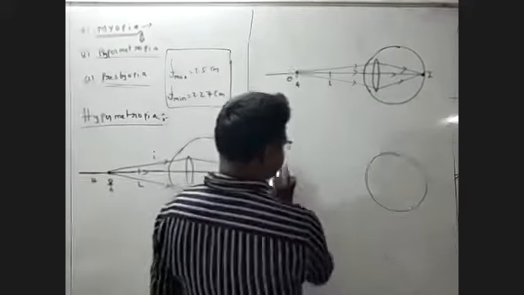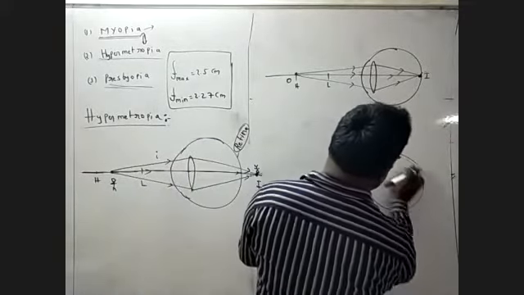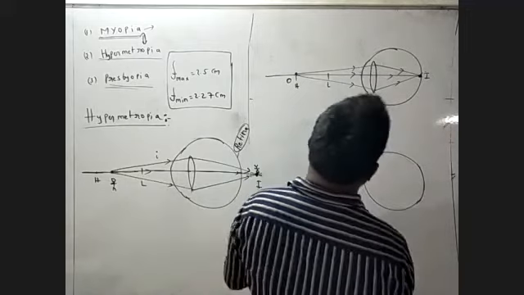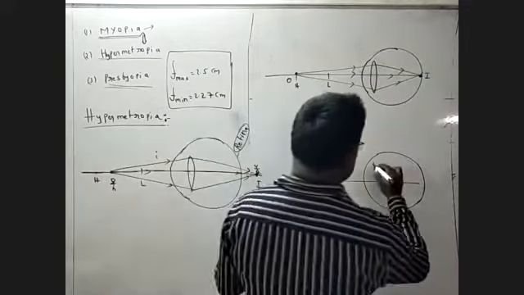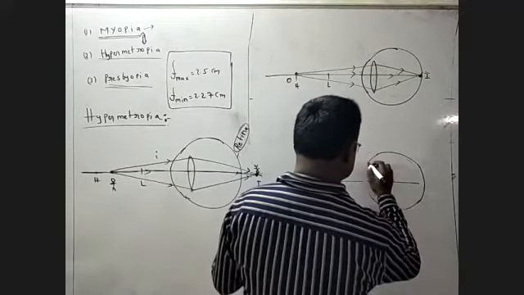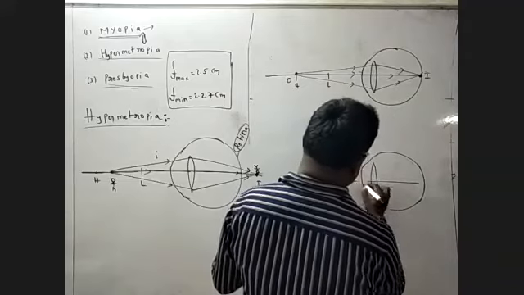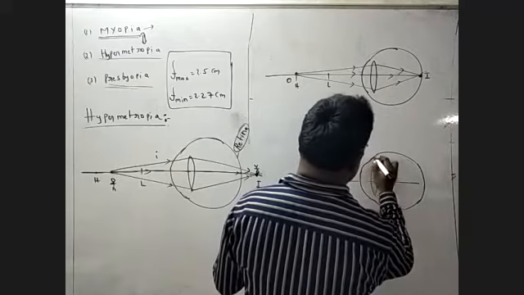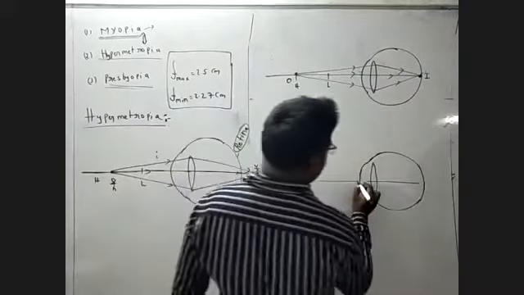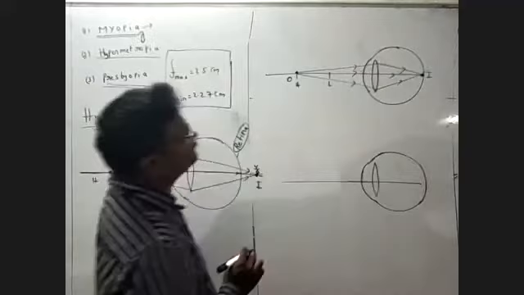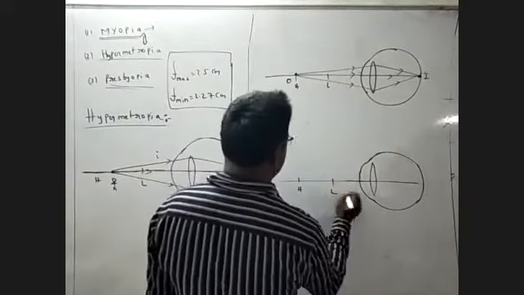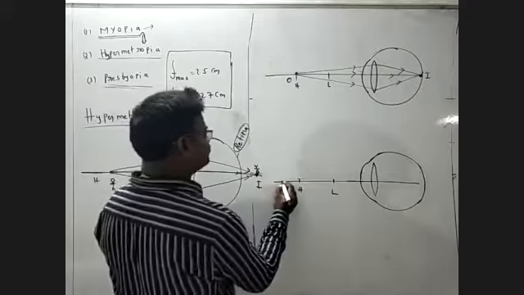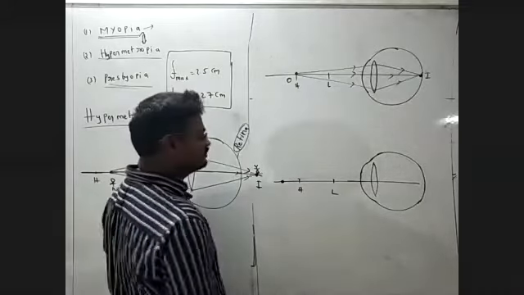One more normal person. So this is the H point and this is the L point. The object is placed here, behind the far point.